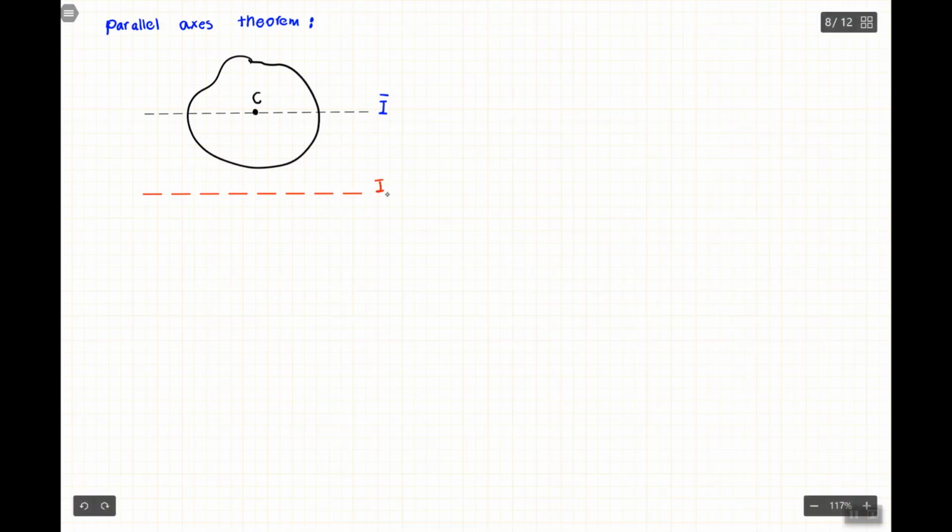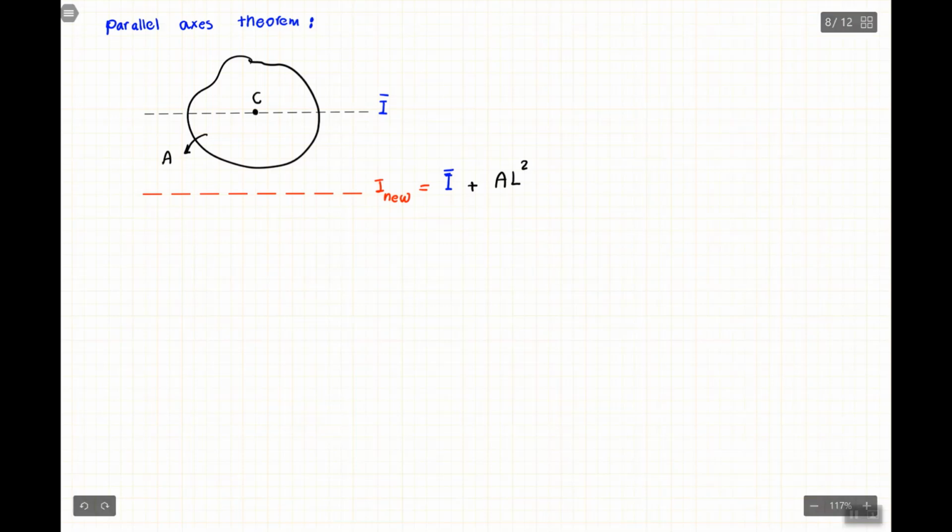So the theorem, the parallel axis theorem, says that this I new is equal to the I bar plus area, which is area of this geometry, multiplied by L squared.